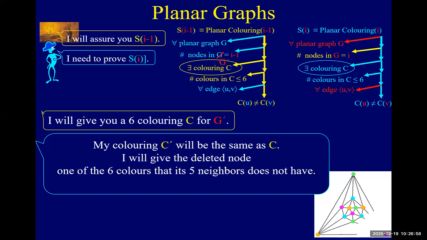In fact, there are graphs whose degrees are all 3 that need lots and lots of colors. The question is, do I need that many colors? Can I color it with 6 colors? Well, if I can color it with 6 colors, I can color it with 7 colors. That's not the issue.